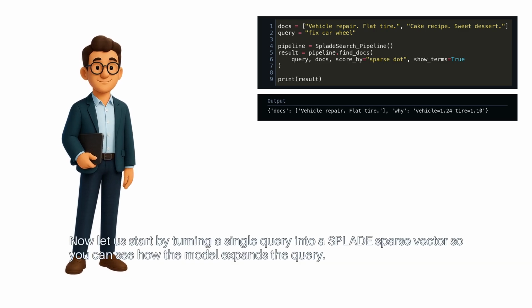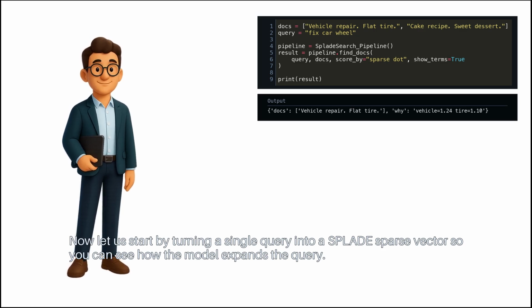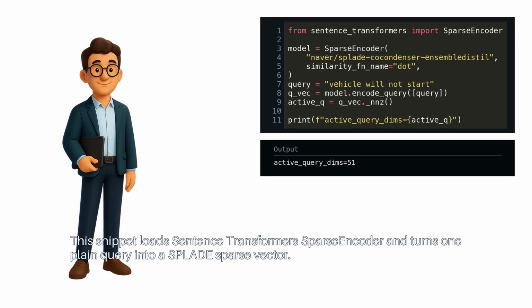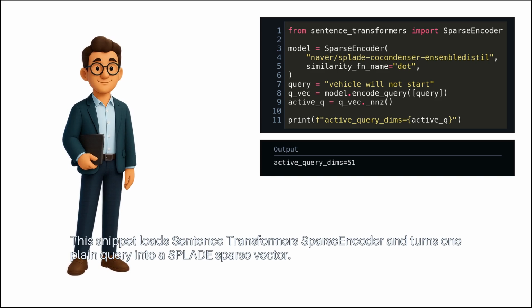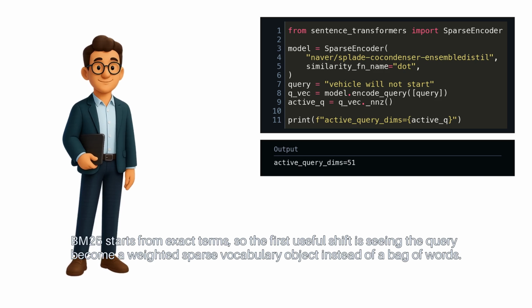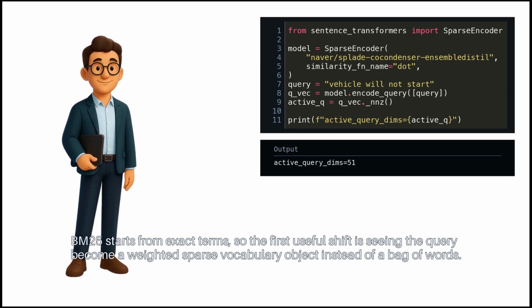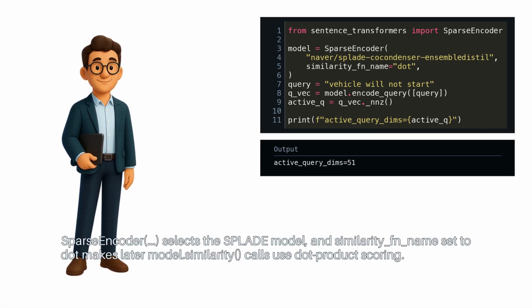Now let us start by turning a single query into a SPLADE sparse vector, so you can see how the model expands the query. This snippet loads Sentence Transformers SparseEncoder and turns one plain query into a SPLADE sparse vector. BM25 starts from exact terms, so the first useful shift is seeing the query become a weighted sparse vocabulary object instead of a bag of words.